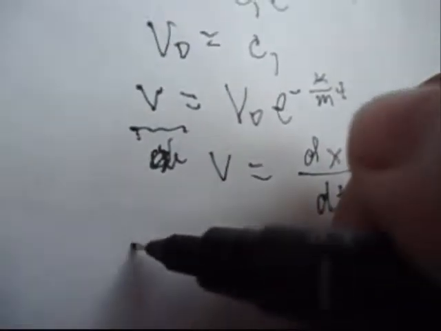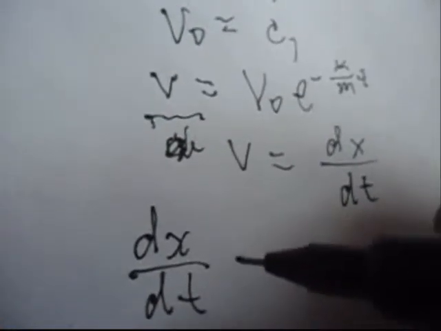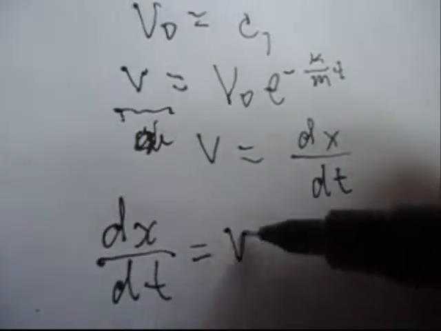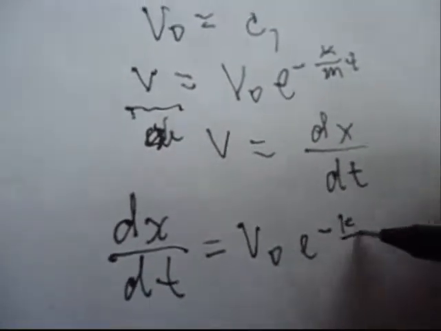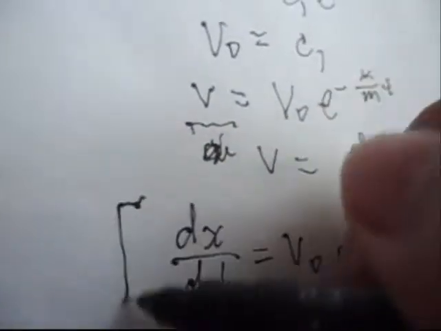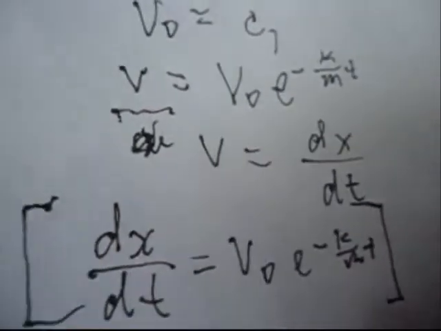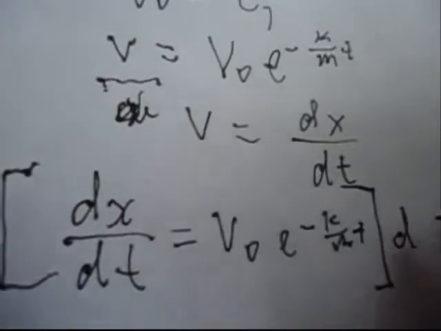So we have dx over dt is equal to v sub o e to the negative k over m t, and this is a separable differential equation, so you can just multiply both sides by dt.